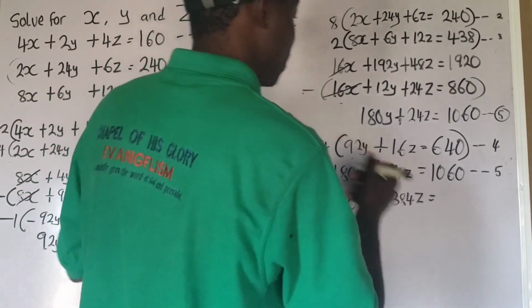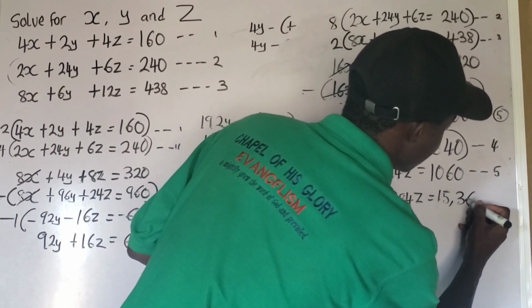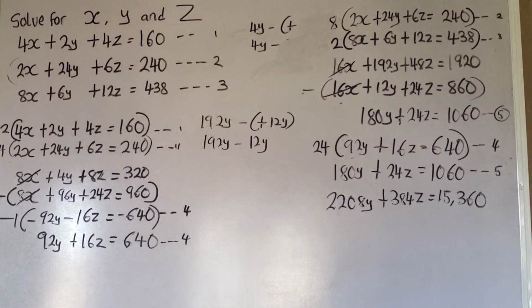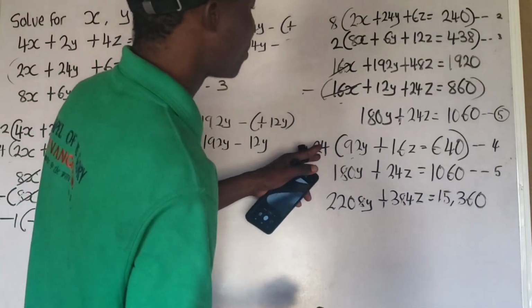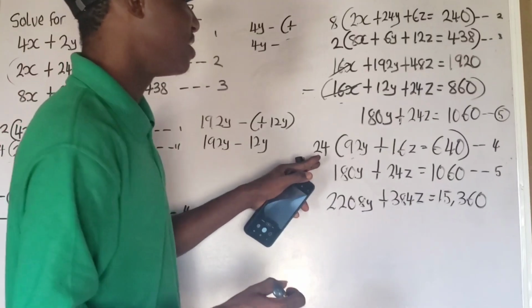That is 15,360. Okay? Let me change this marker, I think. Now, when I multiply the whole equation 4 by the value of z, I got this.